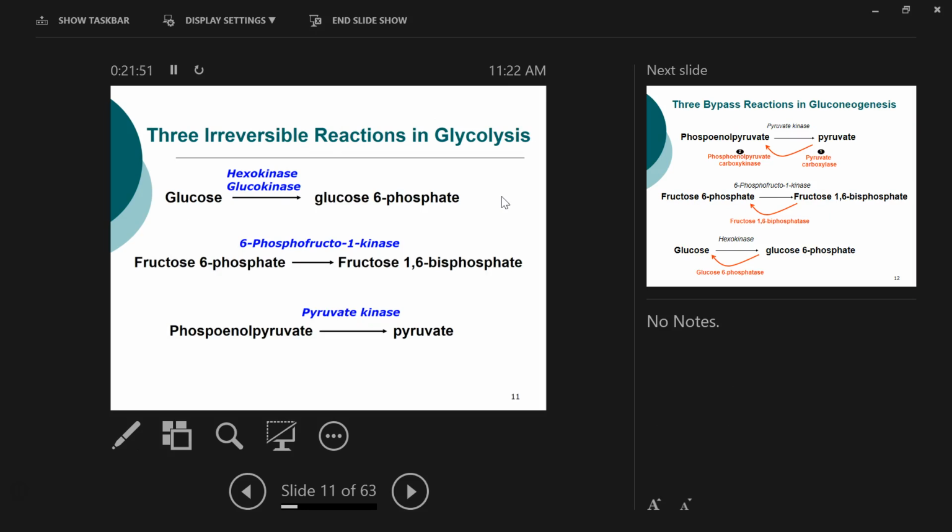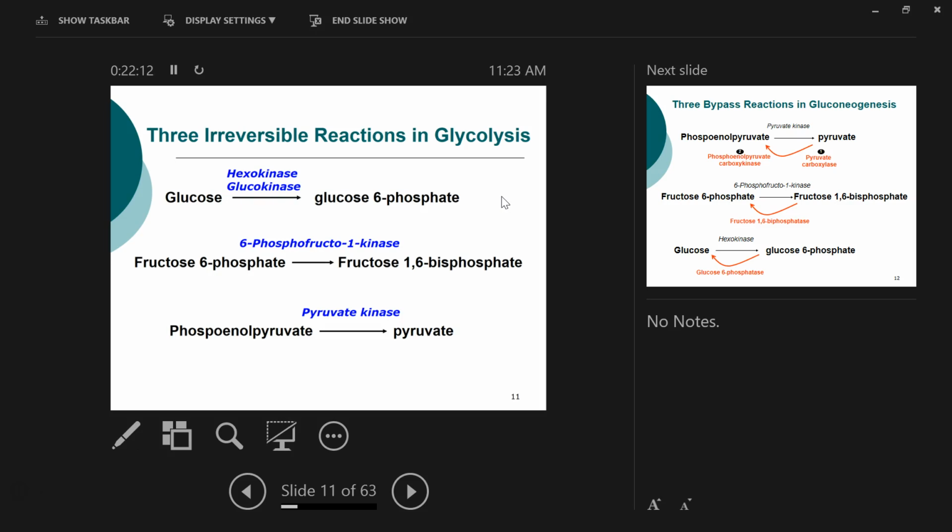So the metabolic reactions in gluconeogenesis are not simply the opposite of the glycolysis pathway, right? Most of the glycolytic pathway and complete oxidation of glucose is reversible.